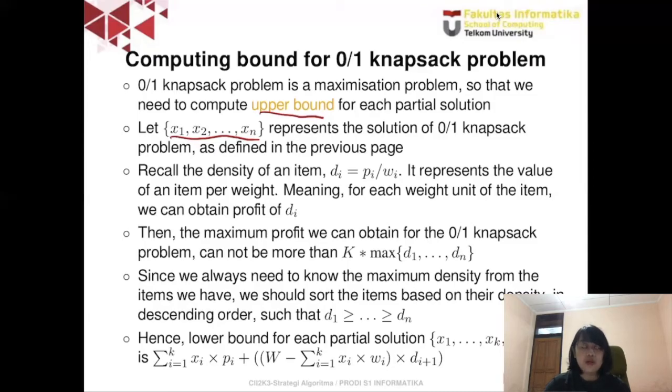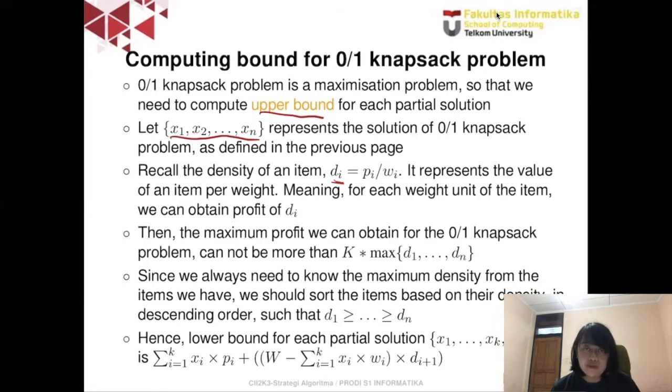For knapsack, recall that in greedy we know a property called density. Let's say density is D, so the density of item i is the profit of item i divided by the weight of item i. What does it mean? It means the value of an item per weight. So for each weight unit of the item, we can obtain the profit of Di.